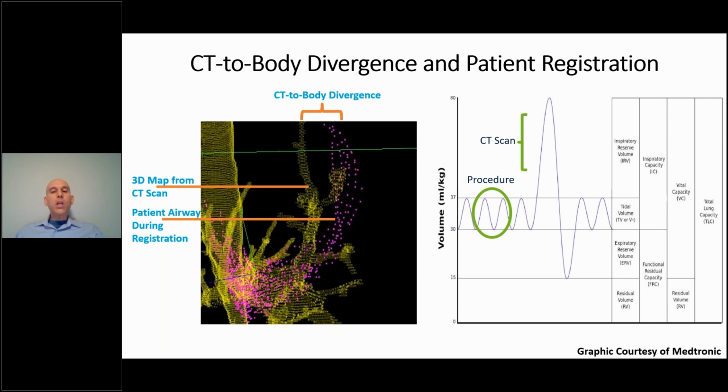But during a procedure, the patient's having regular breathing that's set by the ventilator, or if the patient's breathing on their own during a moderate sedation or conscious sedation procedure, they're breathing at some type of tidal volume. So you can see on the other side of the screen here that there's a big difference between where the CT scan says the airway is and where the lesion is going through that airway or beyond that airway to where the patient's airway and lesion are in real time.